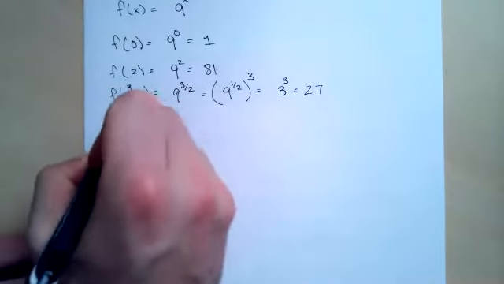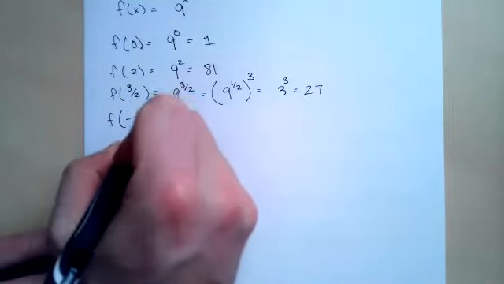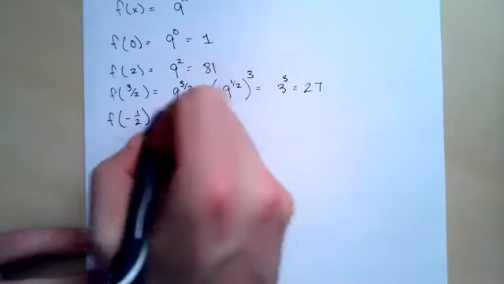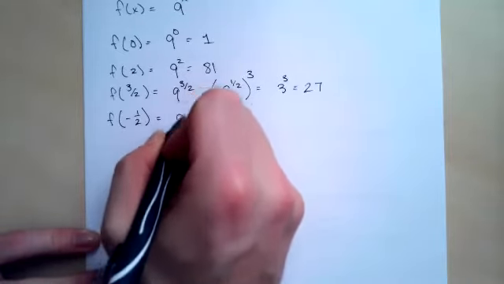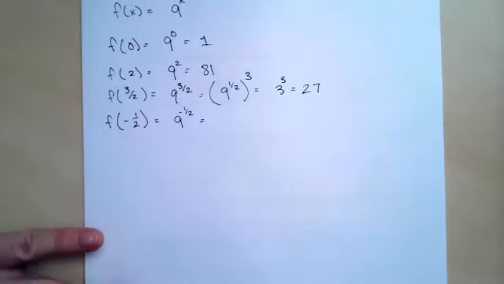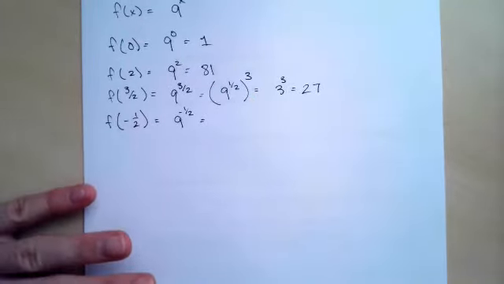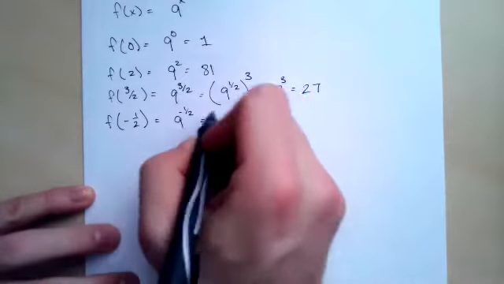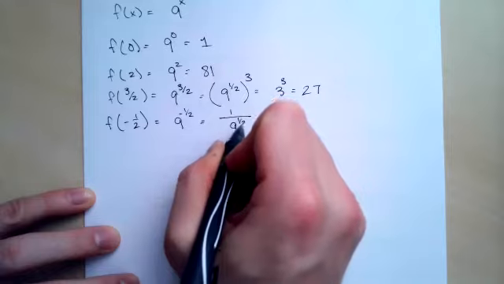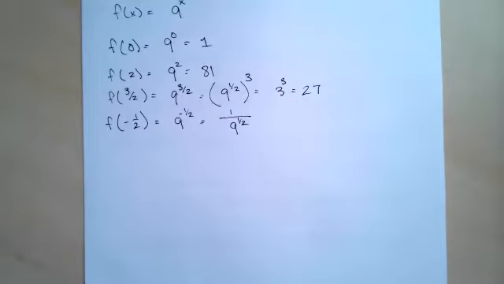And lastly, let's do f of negative 1/2. Now I have a negative exponent and a fractional exponent. So 9 to the minus 1/2. With negative exponents, I always do the negative part first. Negative means reciprocal. So we want 1 over 9 to the positive 1/2. We essentially just take the reciprocal of the quantity and then change the sign on the exponent.